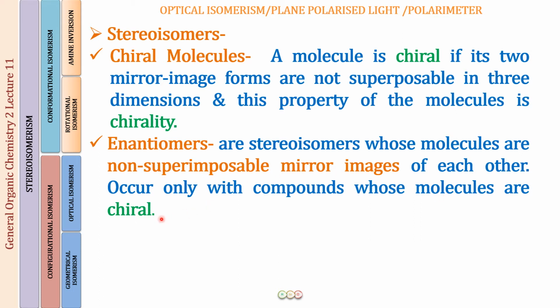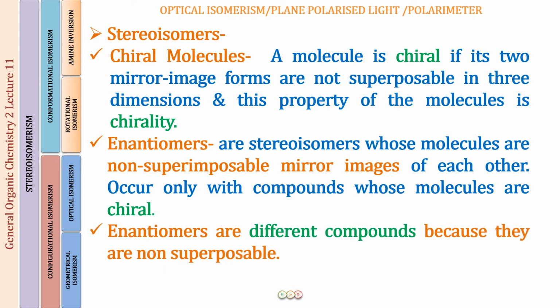So this means that if we have two chiral molecules which are non-superimposable mirror images of each other, we will be calling them enantiomers. And hence enantiomers are different compounds because they are non-superimposable. Now, what we should understand is, is this the only reason that we say that the enantiomers are different compounds?